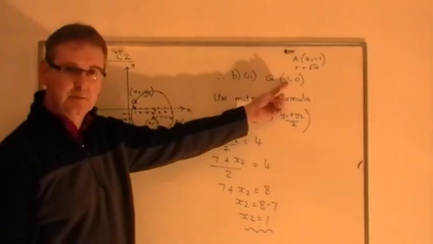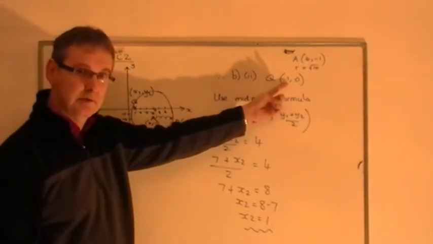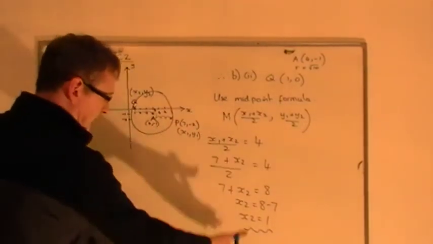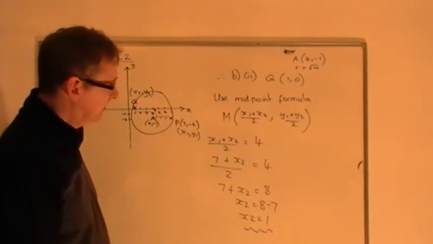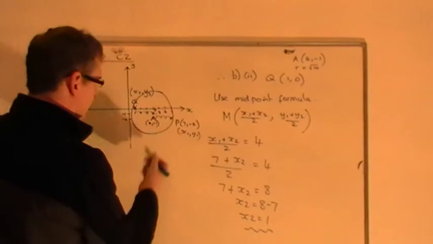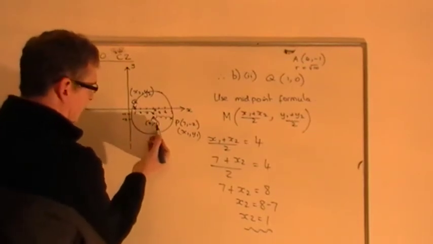Well, we did say, just by counting 3 left, 1 up, that the x-coordinate of point Q must be 1. And that's proven it. If I use the midpoint formula again in a calculation for the y-coordinate, the midpoint, point A, has a y value of -1.